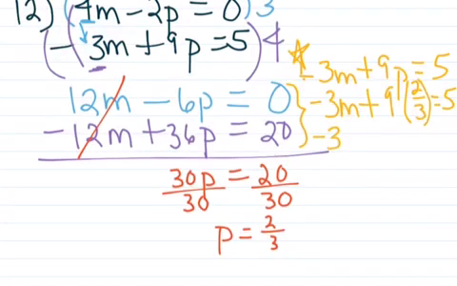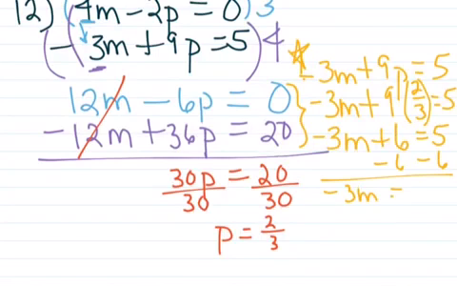So negative 3M, and on your calculator, if you'll do 9 times 2/3, you'll find out that that's a 6 equals 5. Subtract 6 from both sides. Negative 3M equals negative 1. Now divide both sides by negative 3.